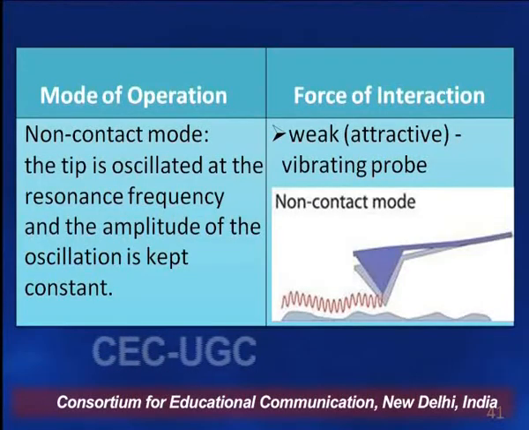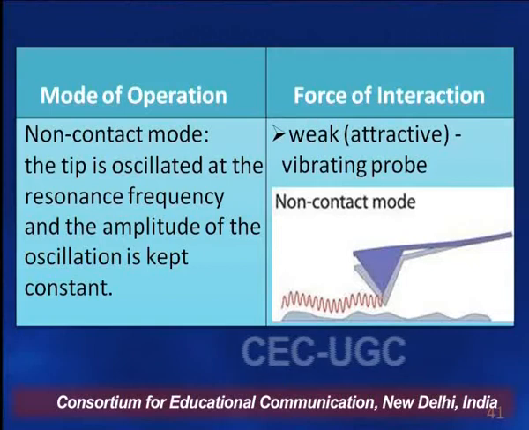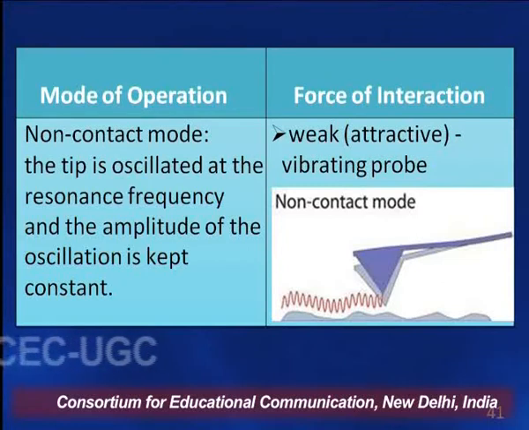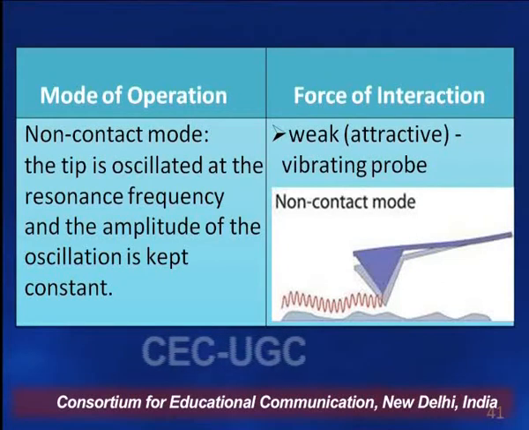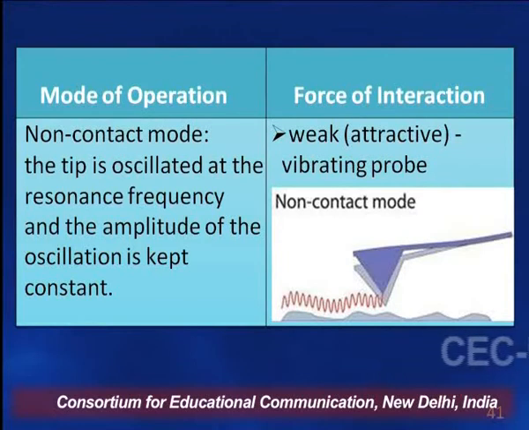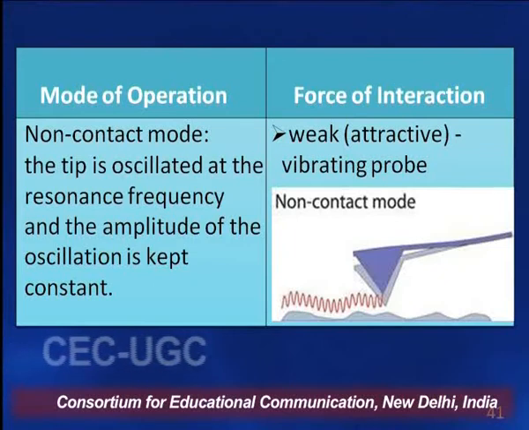Next is the non-contact mode. Here the tip is oscillated at the resonance frequency and the amplitude of the oscillation is kept constant, but it will move according to the surface structure.